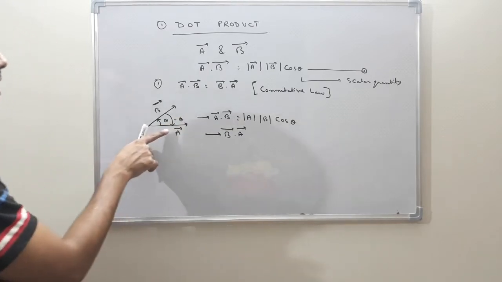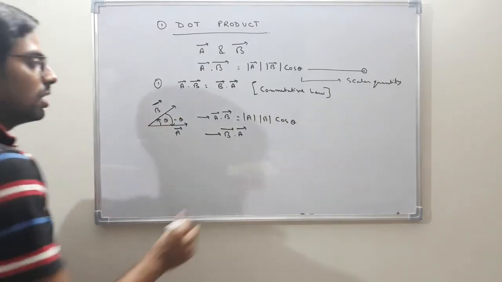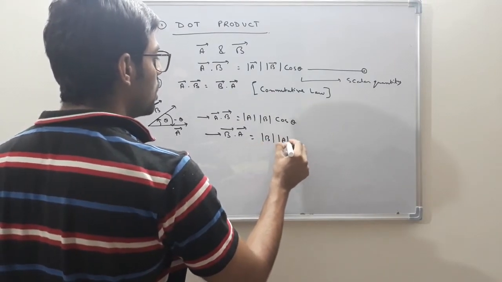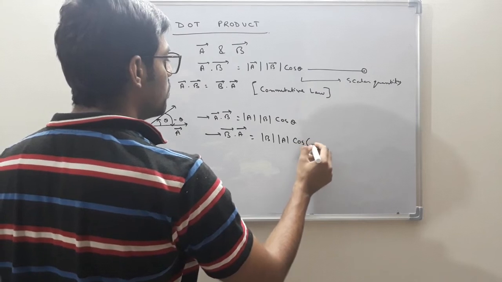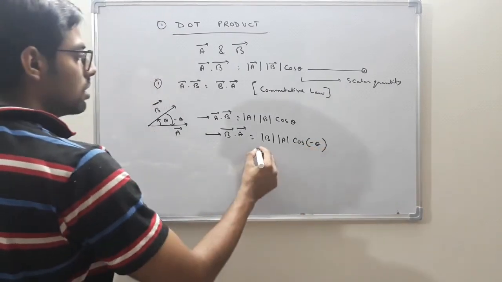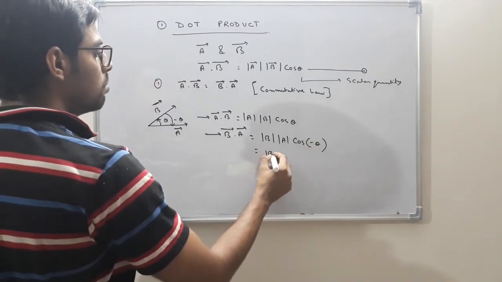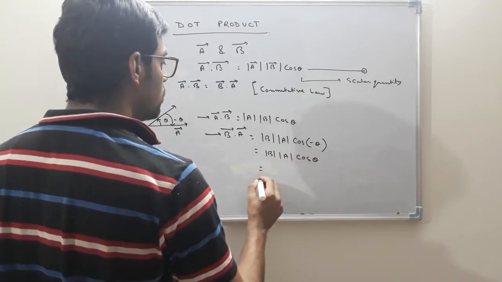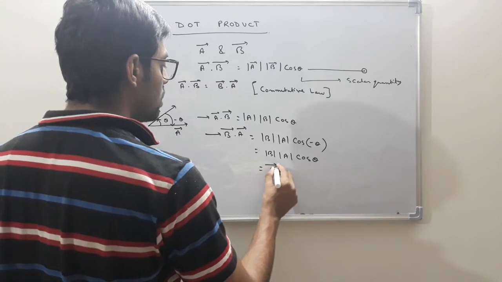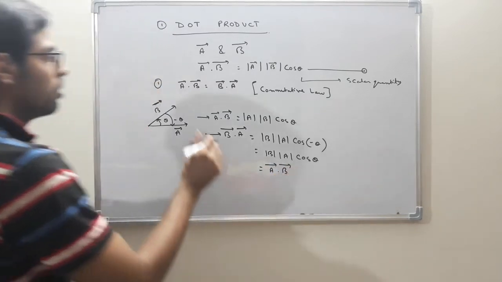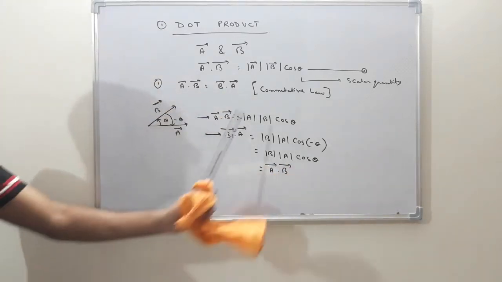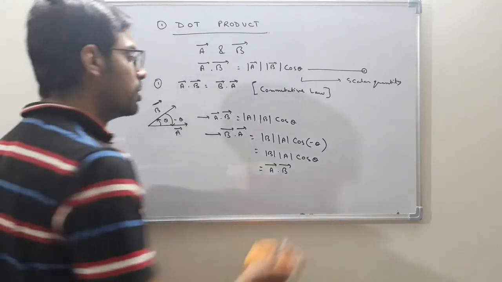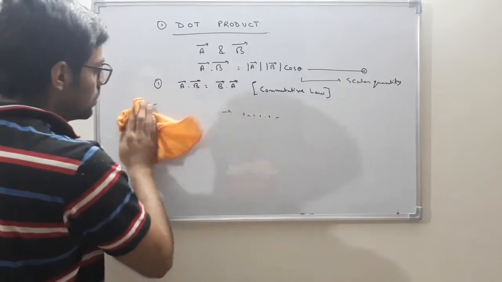Therefore, B dot A equals mod B mod A cos of minus theta, equals mod B mod A cos theta, equals A dot B. Therefore, A dot B equals B dot A, and this is the proof. Therefore, the dot product holds the commutative law.